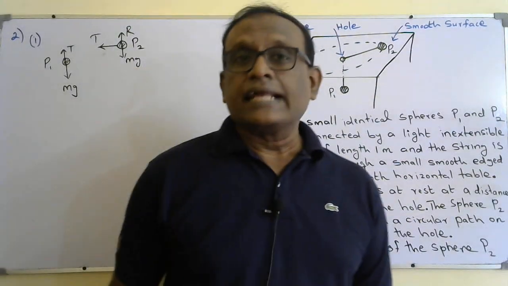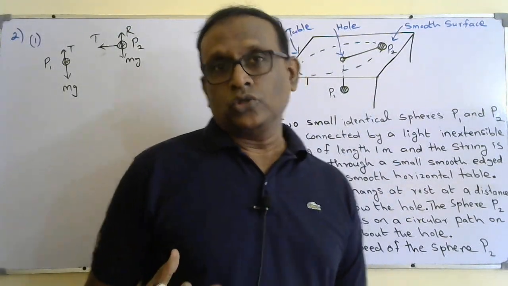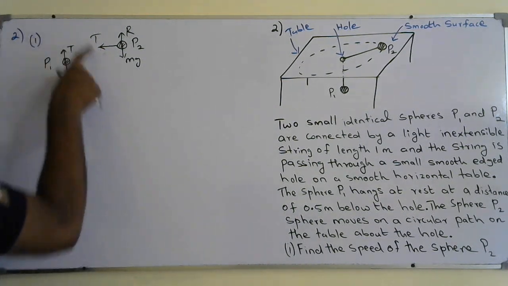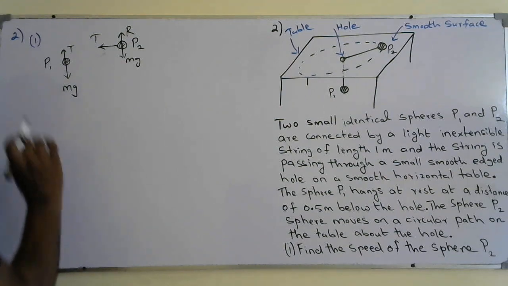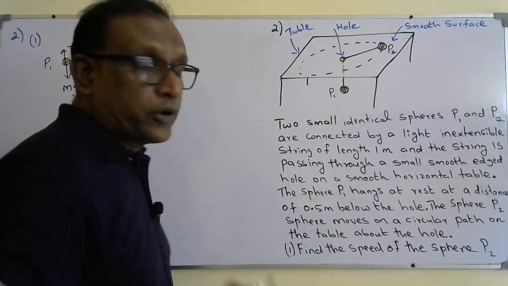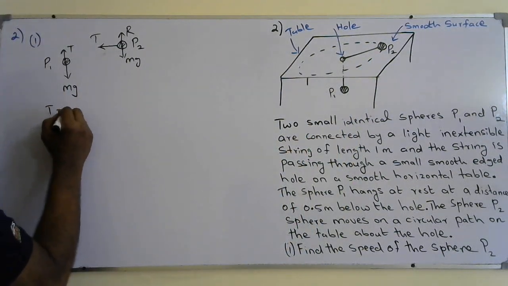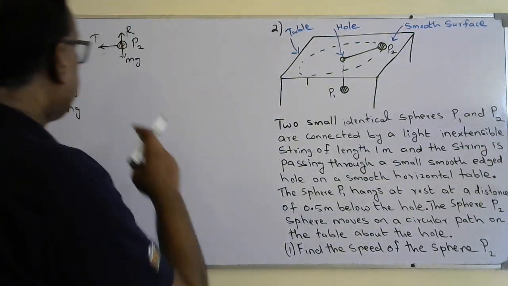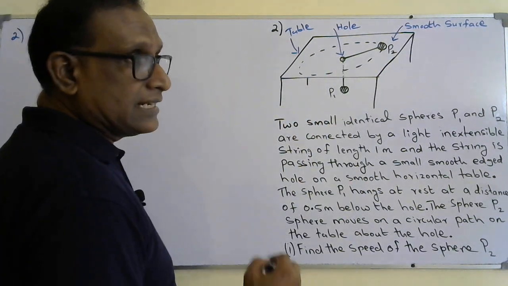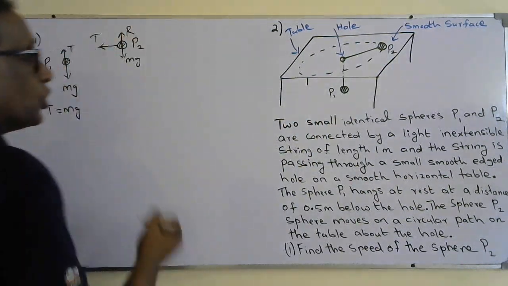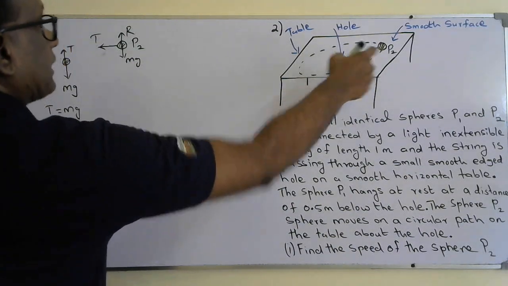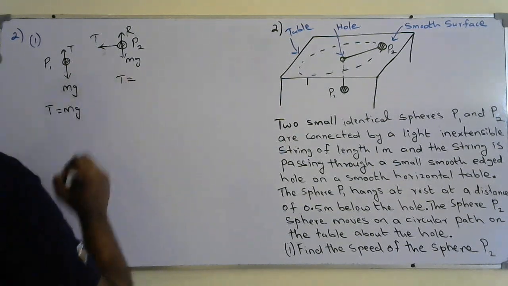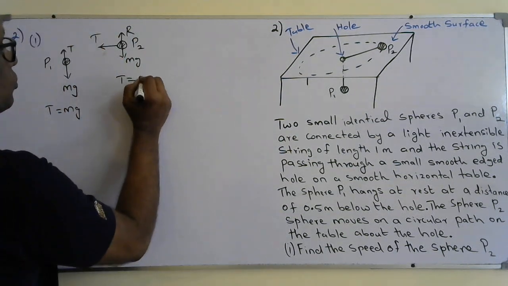We know that the centripetal force for P2, the required central force, is provided by the tension. If I consider the first sphere P1, since it's at rest at a constant depth of 0.5 meters, T equals mg. Because it's the same light inextensible string, the same tension acts on P2 also. So the tension, which is the centripetal force, is also mg.